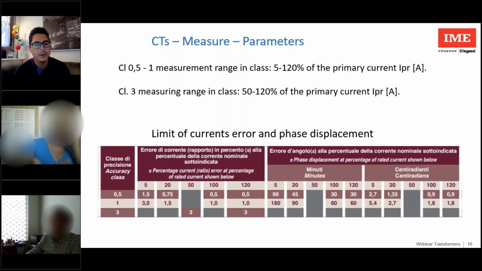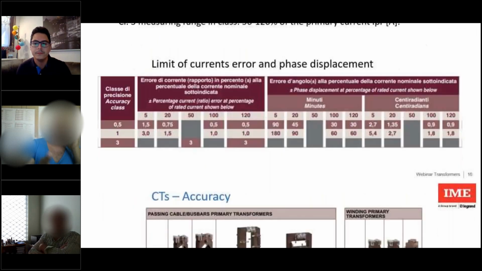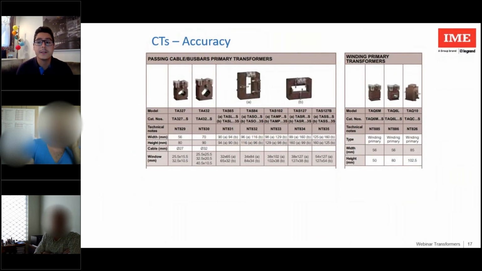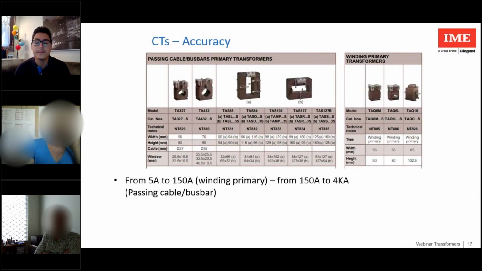Well, we can help ourselves with the accuracy CT. The range is capable of measuring currents from 5 amps to 150 amps using the primary winding, and from 150 amps to 4 kiloamps via passing cable.